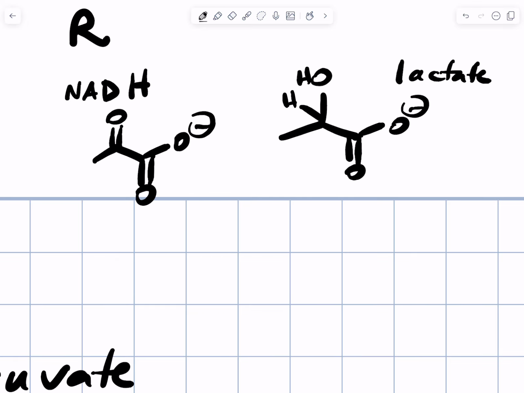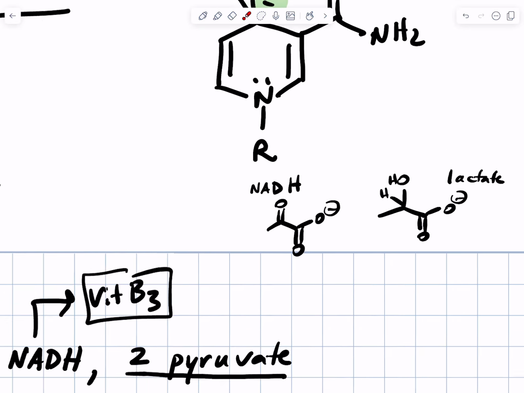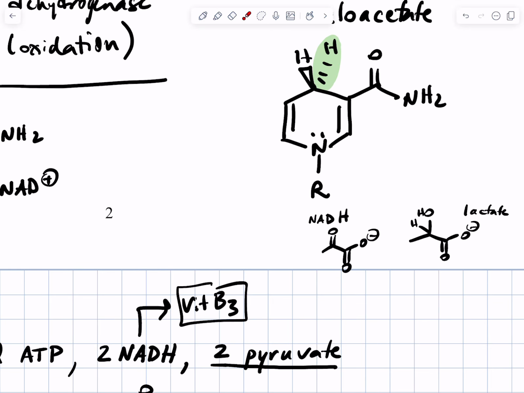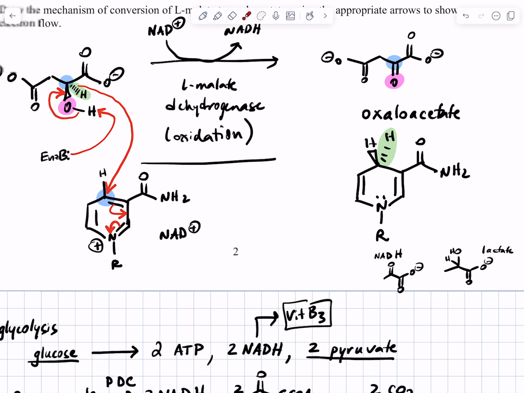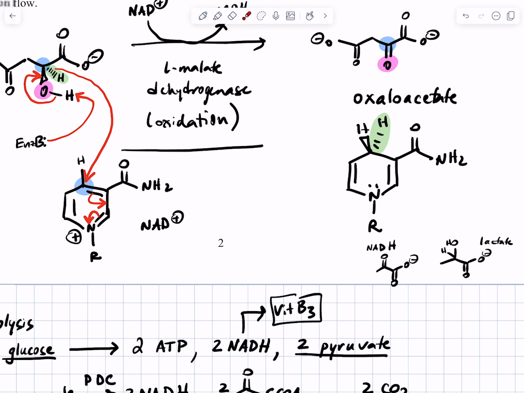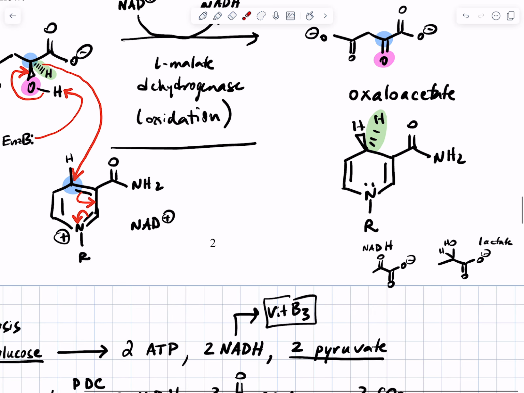So if you're needing to replenish your stores of NAD+ to get more ATP out of glycolysis, then one of the ways your body can do that is by generating lactate. It's a temporary measure. Accumulation of lactic acid in muscle is associated with pain. And you want to breathe deeply then, and all you're doing there is recycling a bunch of NADH, so you don't have to make as much lactate anymore.